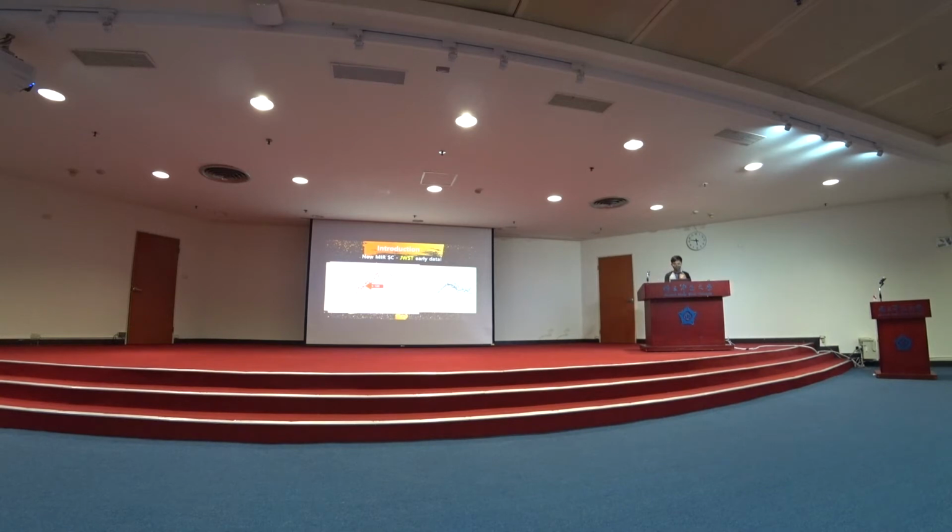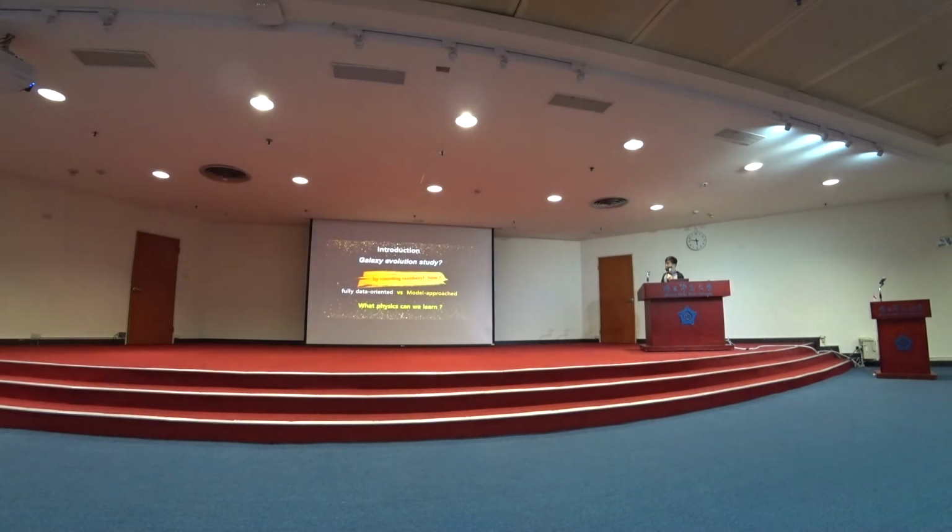But someone might ask the question: evolution? Just counting numbers? How could just these number counts give you the evolution? You don't even know the redshift information, right? This is a fully data-oriented way to study evolution. However, in reality, sometimes it's really difficult to get all the data you want, right?